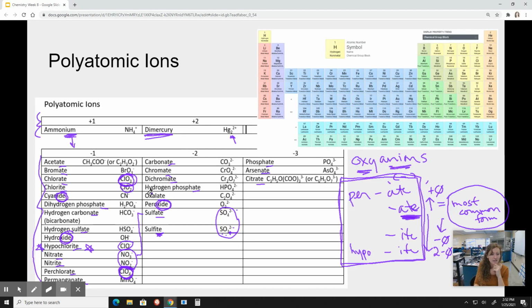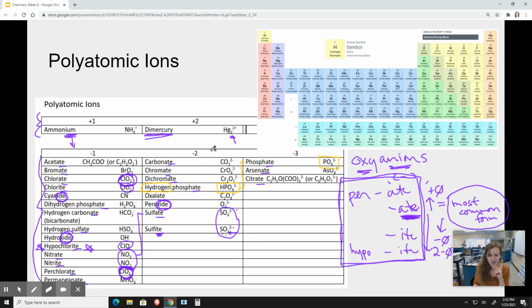You don't see anything indicating the number of the atoms within there. That's the only one. I will point out this one, hydrogen phosphate. Notice hydrogen phosphate is just phosphate with a hydrogen attached. So here's the hydrogen phosphate compound. Here's the phosphate compound. So notice they've attached a hydrogen. Instead of PO4 3 minus, it's HPO4 2 minus.